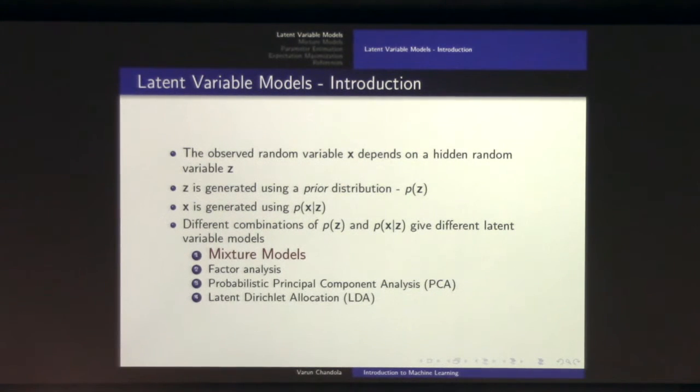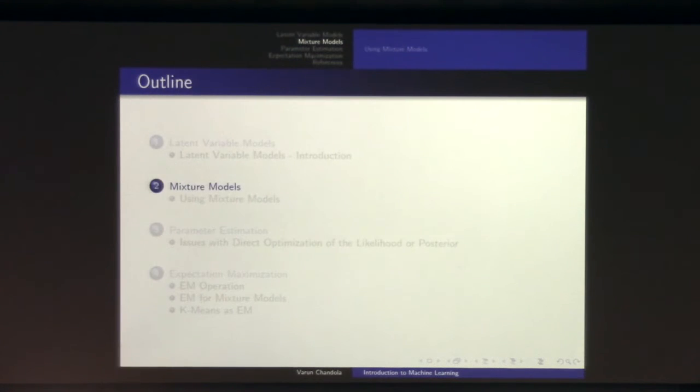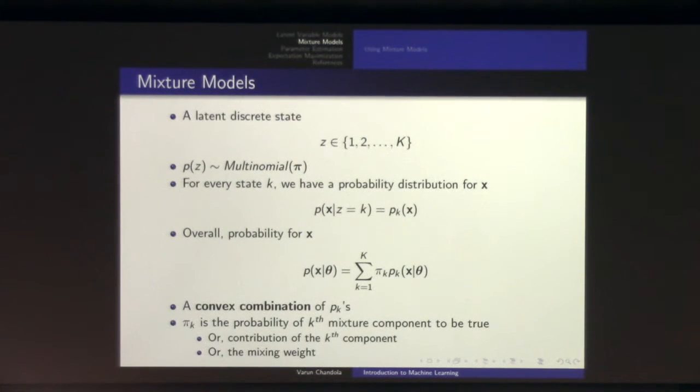So today we are going to focus on mixture models. All right, so let me introduce that. Technically, mixture model means this: the latent variable z can take one of k values, which means that z is categorical, and we denote the probability distribution for z as a multinomial. If you remember, multinomial gives a probability for every possibility, right?